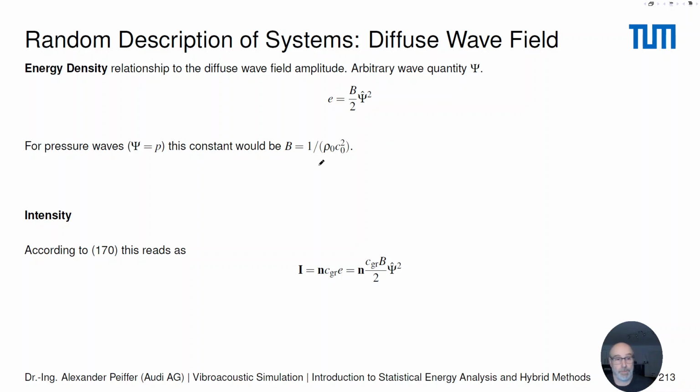If we talk about a plate wave field and so on, the B would be a different constant. From the energy density, the intensity follows directly, and that's quite simple because we have solved this. The relationship between energy and intensity is given by the direction of the wave and the group wave speed. And using the above formula simply gives the following relationship between the amplitude and the intensity.